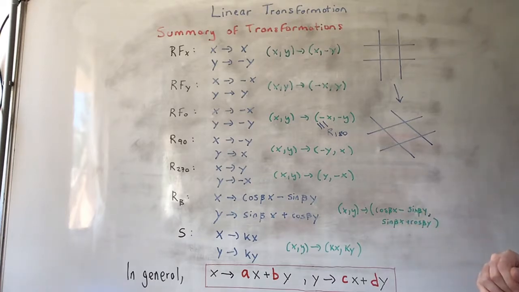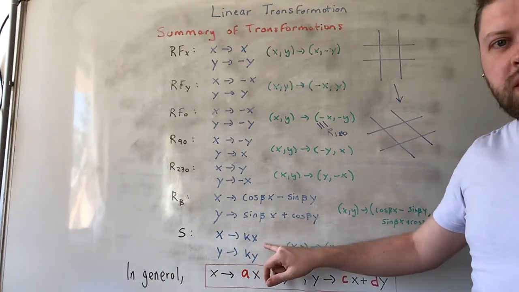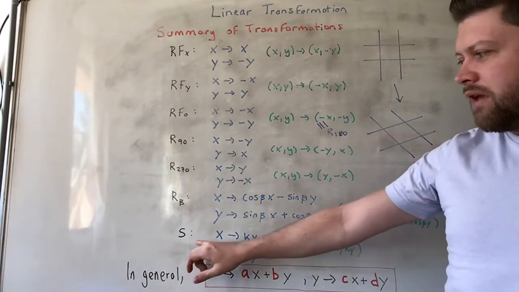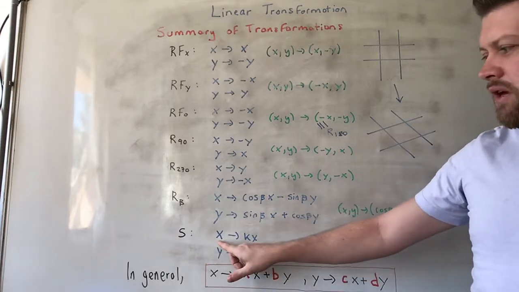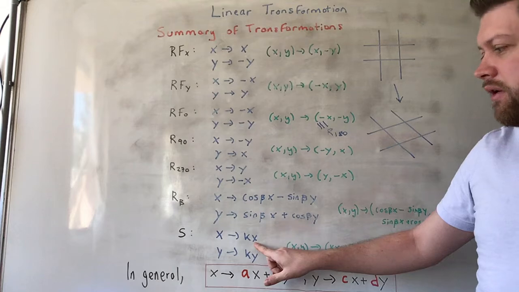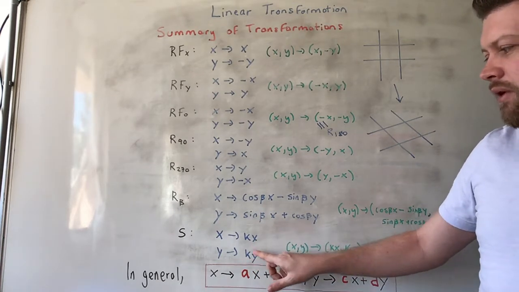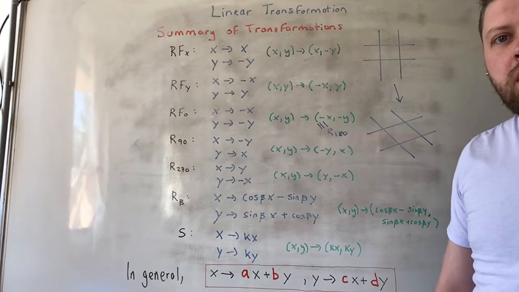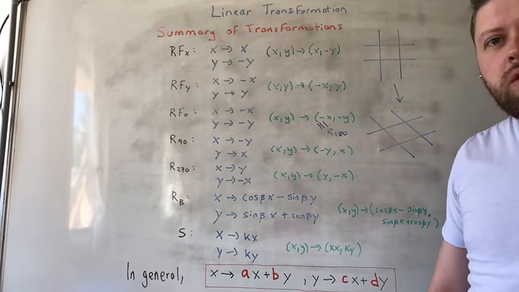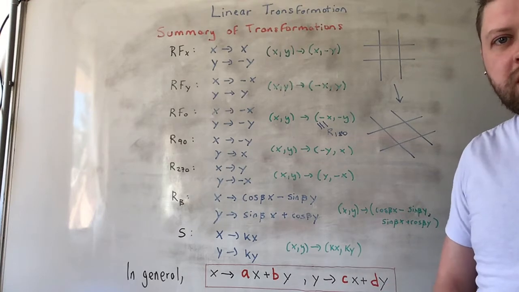That's really important. And then finally, we didn't exactly look at this in detail, but it's very simple to see. This is a scaling transformation. It just takes x to k times x, so some number k times x, and y goes to k times y. So k could be a whole number or a decimal or anything, so it could be a scaling up or a scaling down.